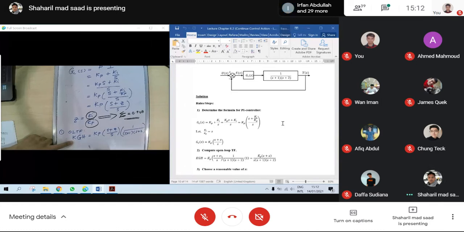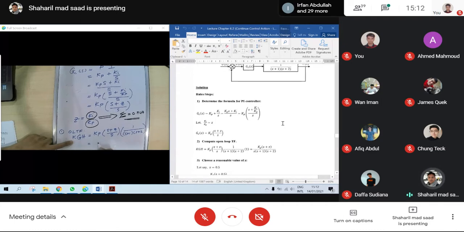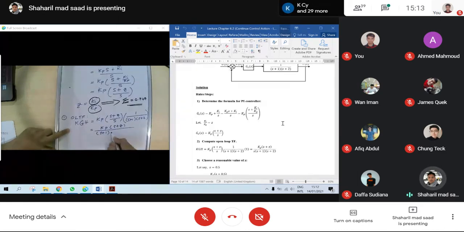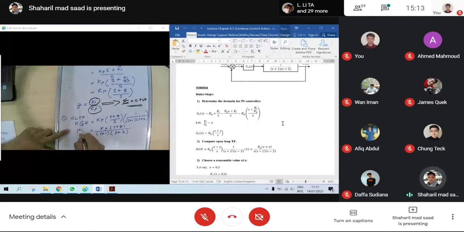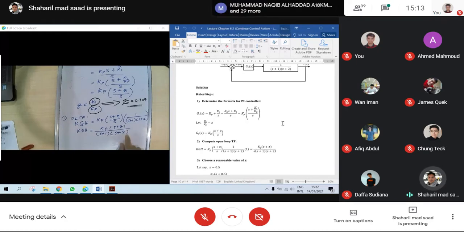So we get Kp times S plus Z divided by S, S plus 1, and S plus 2. This is your KGH, because in order to get the root locus, you need to find the open loop transfer function first.